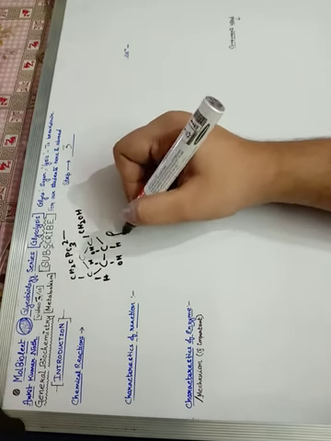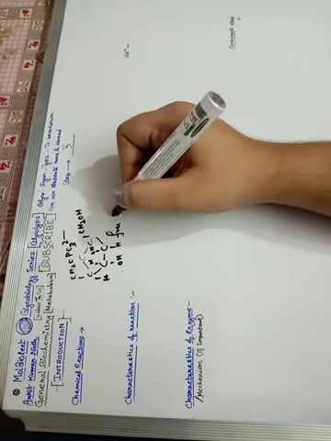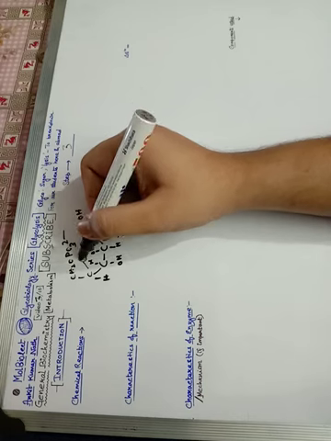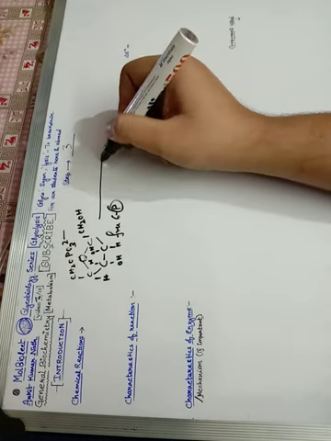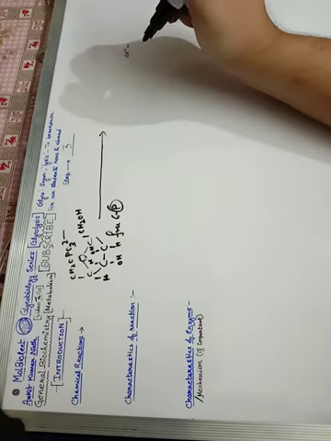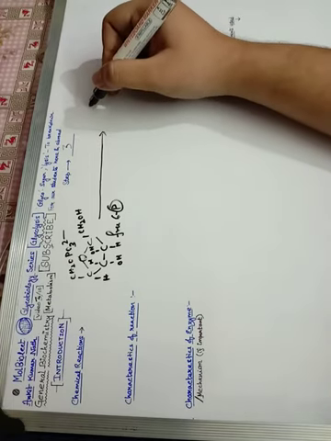Okay, this is fructose 6-phosphate. This fructose 6-phosphate is converted to something known as fructose 1,6-bisphosphate.